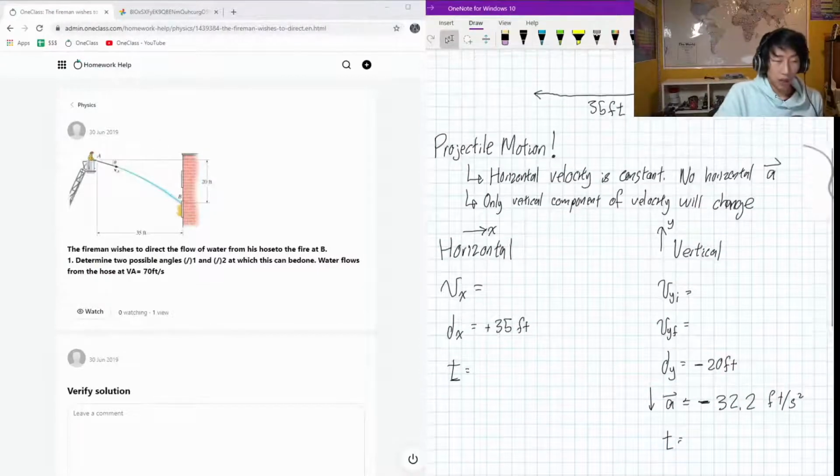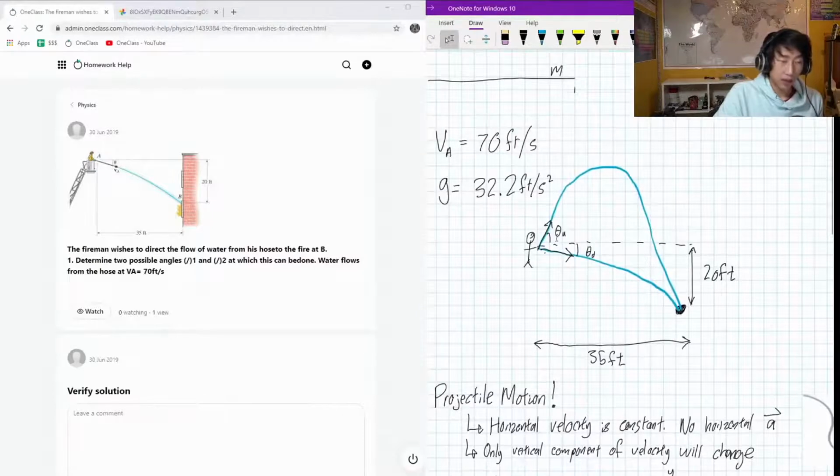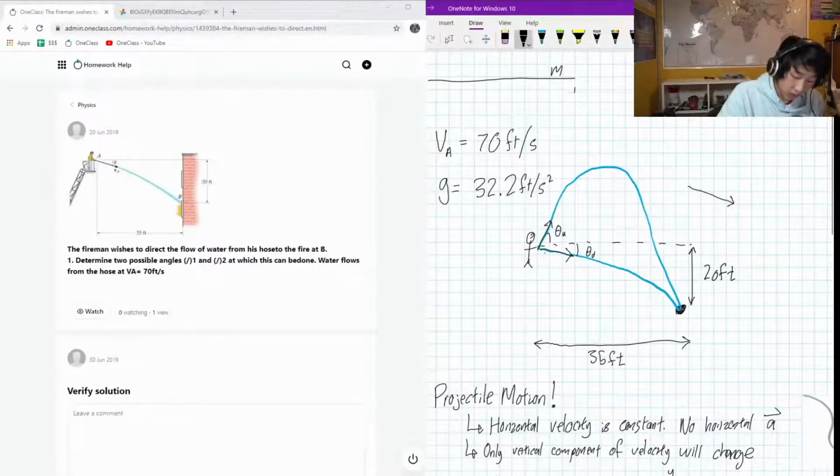Cool. Another thing that we can keep in mind here is that our initial velocity is going to be determined by our angle. If we have this situation and this is our velocity, we know that we're going to have our Vx this way and our Vyi this way.